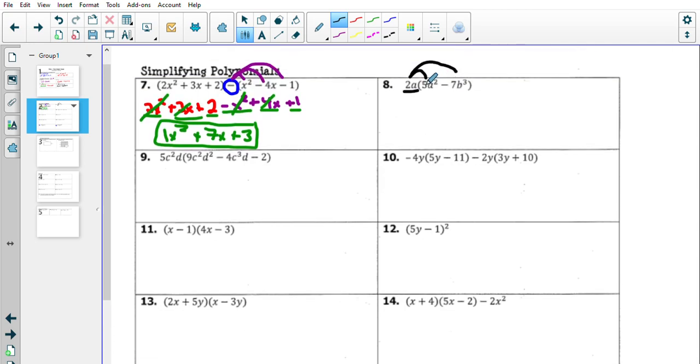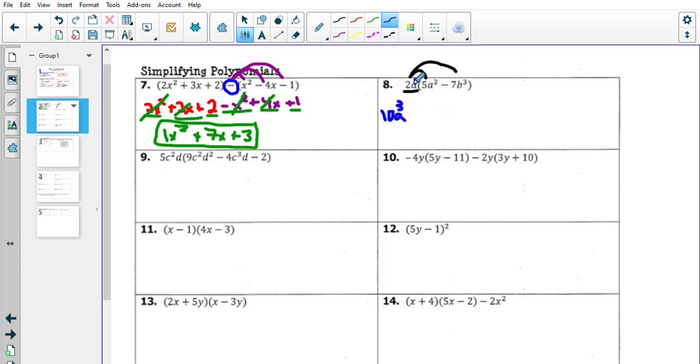So we're going to use our product rule. Multiply coefficient to coefficient, 2 times 5 to give us the 10. Then we look at our variables, a times a squared. We add the exponents to give us a 10a to the third.